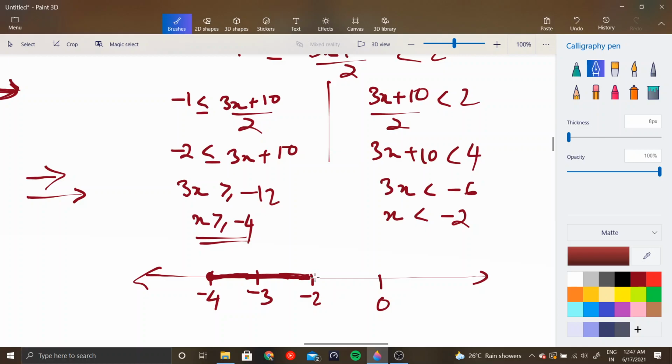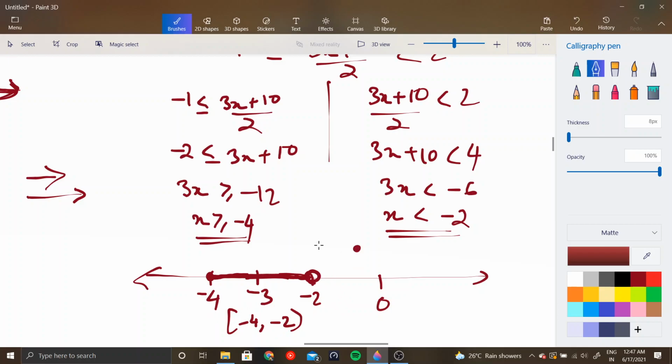Darken this up till here. Now if I put the value of -2, it won't satisfy, so I will not use a dark circle. I will use a hollow circle, right? So it is every value till -2, but -2 is not included. Basically you have -4 till -2, where -2 is not included, right? This is the interval.